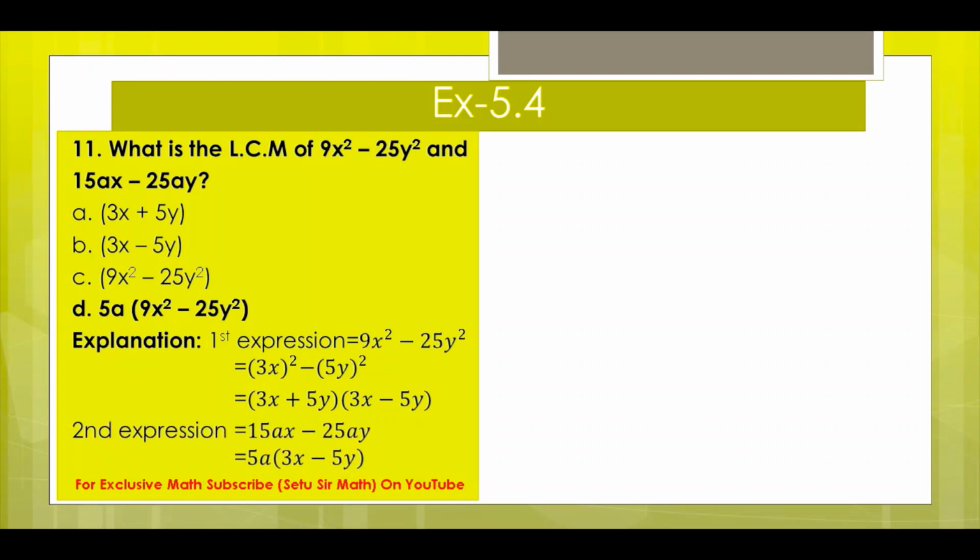So this is the first expression. Now the second expression, 15ax minus 25ay. If we take common 5, and you can see a and a is common in here, we can take a. So if we take 5a common, we get the rest: 5 threes are 15, that means 3x, minus 5 fives are 25 and y, 3x minus 5y.